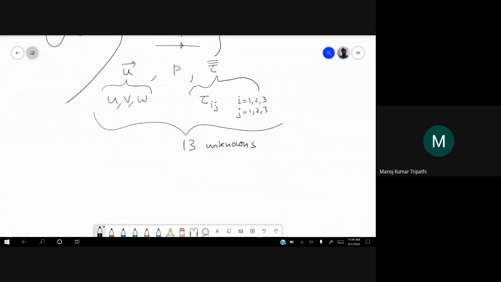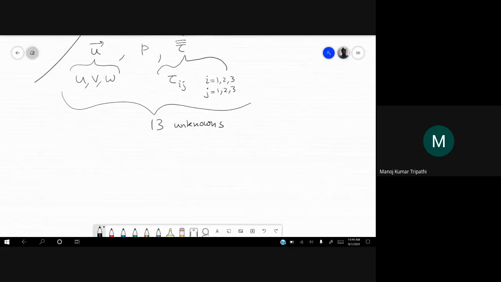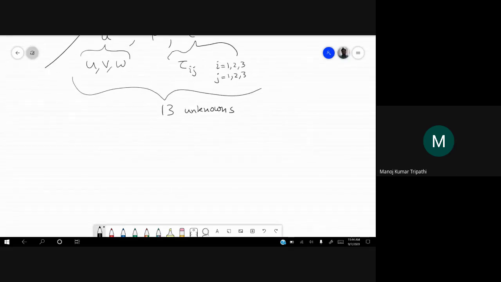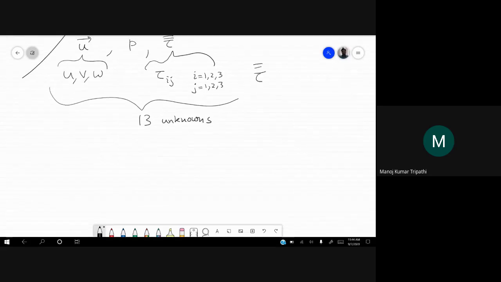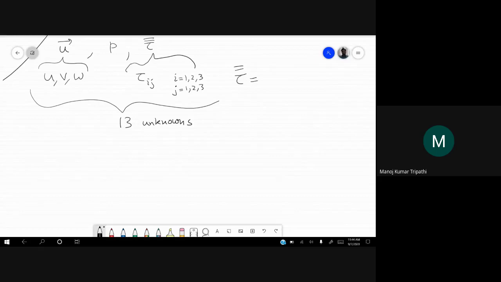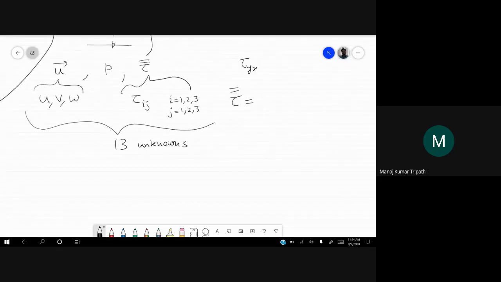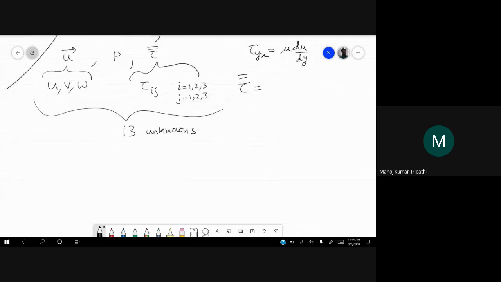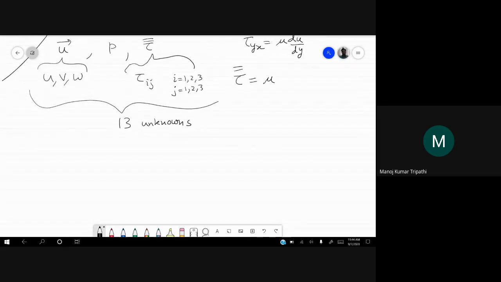And then you have Newton's law of viscosity, which gives a relationship between stress and velocity components. So we wrote tau yx equal to mu du by dy. You have the general formula: the stress tensor is equal to mu times del u plus del u transpose. This is valid only for Newtonian fluids.